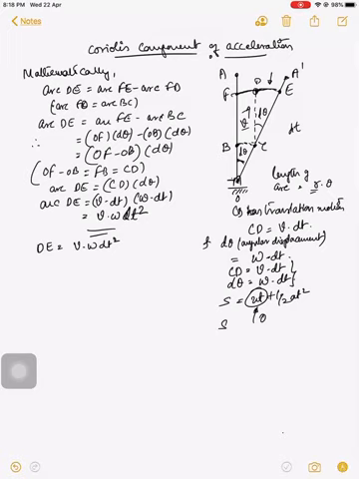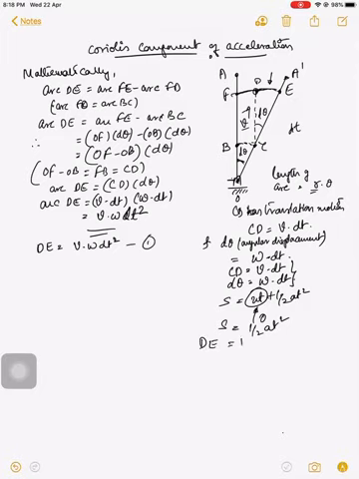So therefore S will be equal to half at square. So consider DE as initial displacement where initial velocity value is 0. Let this be equation 1.